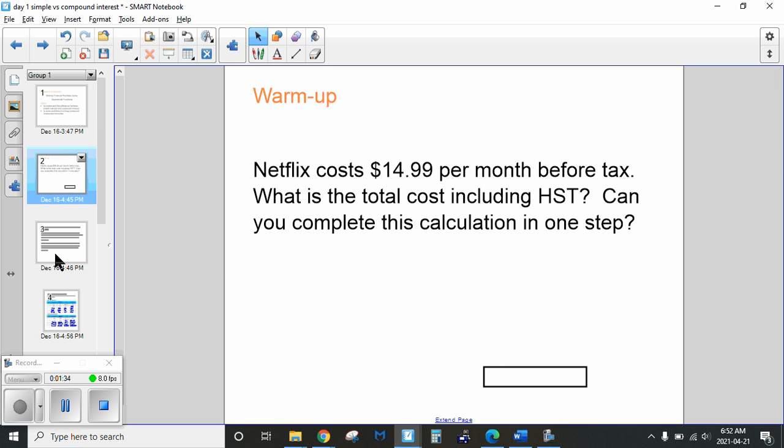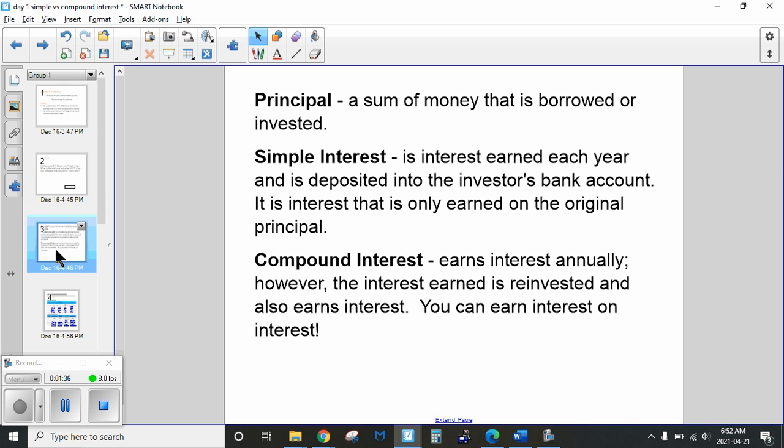And then get into our actual topic for today. So this involves a little bit of new vocabulary. So here is some of that right at the beginning. Our note's going to talk about using a principal, which is a sum of money that is borrowed or invested. This is like the initial value that we were talking about in our exponential growth notes.